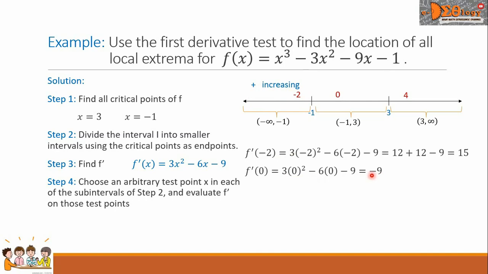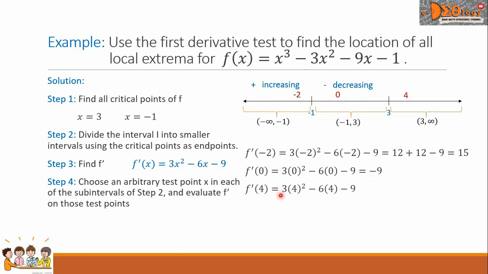The negative sign represents the sign of the derivative in the whole sub-interval here. Let us take a note that we have a minus or negative sign, and we have a decreasing function over this sub-interval. Now let us evaluate f prime of 4.